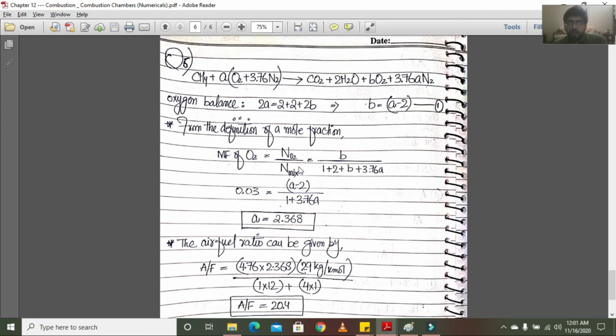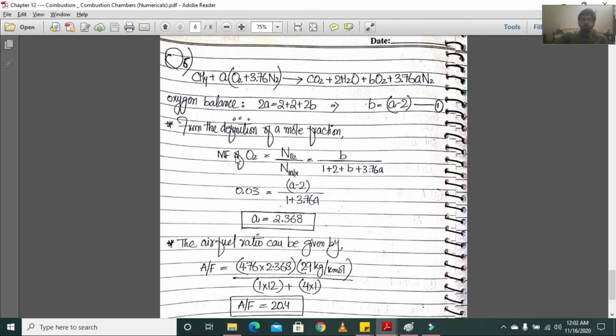So to determine the mole fraction of the oxygen, I will simply take the ratio between the number of moles of oxygen and the number of moles of the entire mixture of gases. Here you can see in the combustion products I have B moles of oxygen, so B in the numerator, and in the denominator I have 1 mole of carbon dioxide, 2 moles of water vapor plus B moles of oxygen, and 3.76 times of A moles of nitrogen. So in the denominator I will get 1 plus 2 plus B plus 3.76 A.